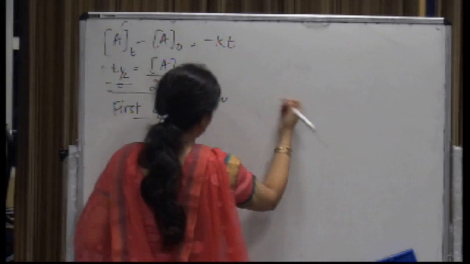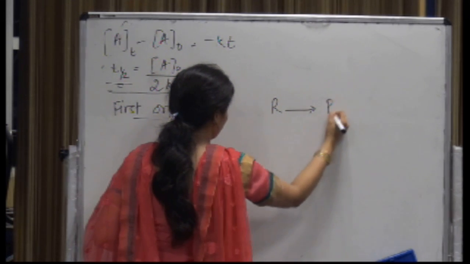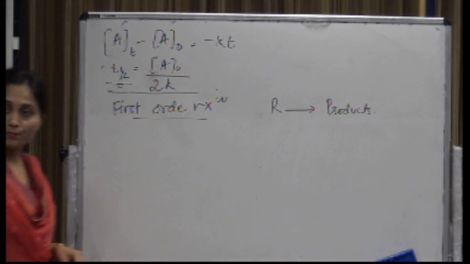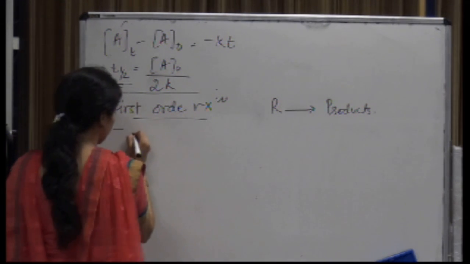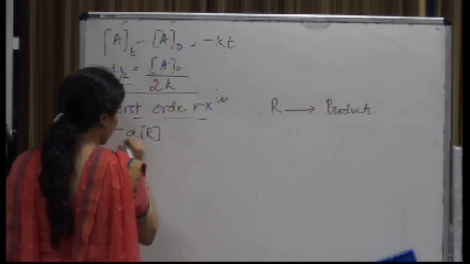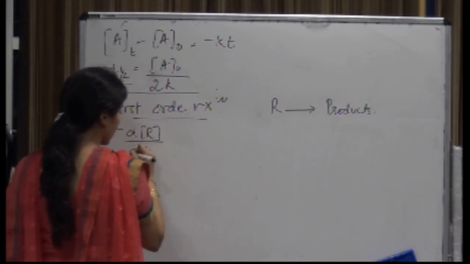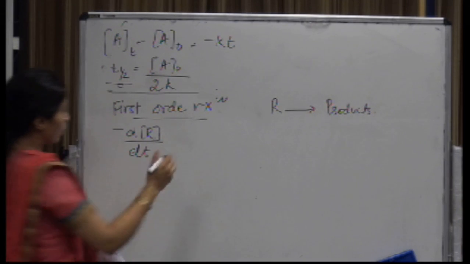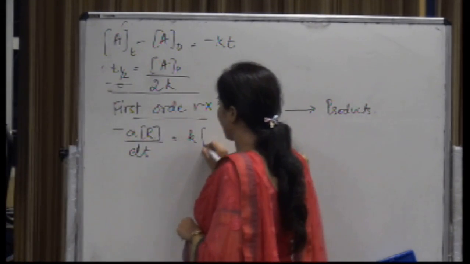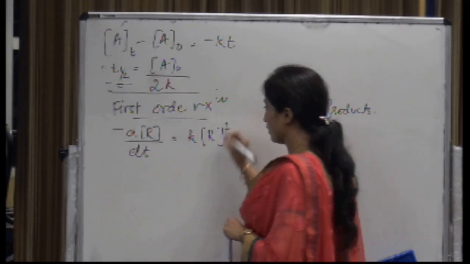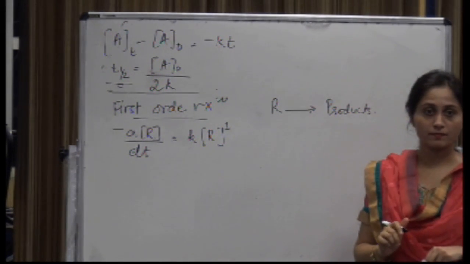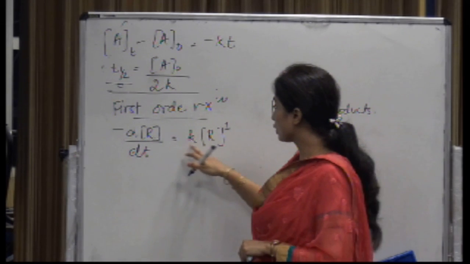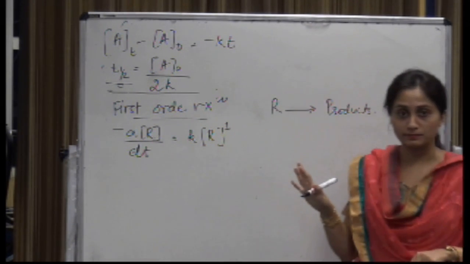We take any simple reactant giving products, or R giving P. So here the general reaction will be minus dR by dt, that is your instantaneous rate, will be equal to the rate law expression. What is your rate law expression? That is equal to k into R to the power 1. Right? So you have minus dR by dt is equal to k into R to the power 1.